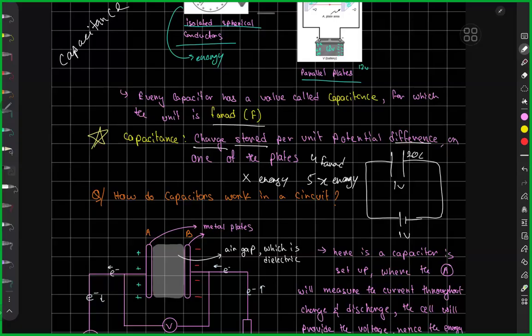If a capacitor separates more charge, that means it will inherently store more energy. And if I increase the voltage, of course, the amount of energy stored will increase as well. But for 1 volt, which one can store more? The one that can separate more charge. That is what the capacitance tells you. And again, remember, the value tells you how much charge is separated on one plate of the capacitor.